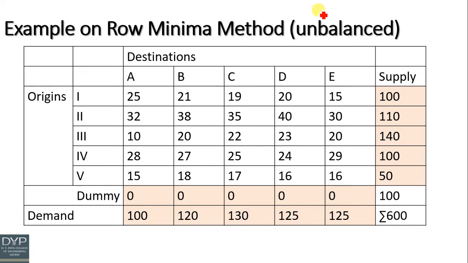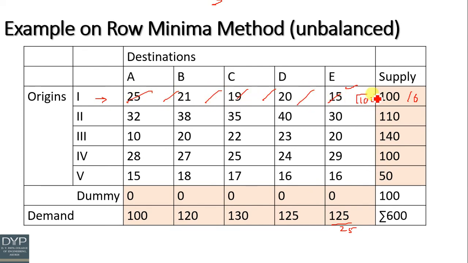But now here again you will see that we will be starting with the first row and most of the things will be the same. Now here for the first row, where 15 is the minimum cost cell, I will be assigning 100 units to this. So 0 are remaining, 25 is there, so I am removing this row.